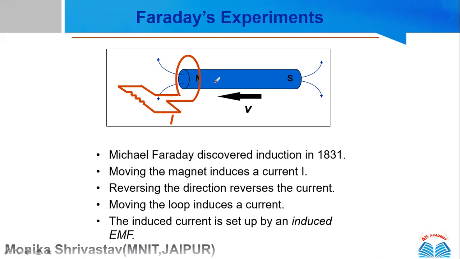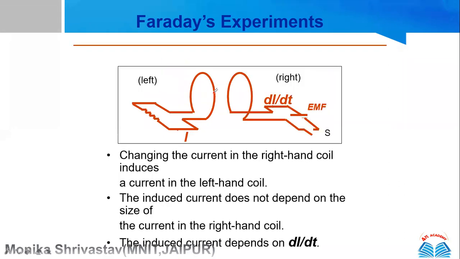South pole of the magnet, north pole of the magnet. These are some imaginary lines emerging from the poles of the magnet here and here. So suppose this coil is stationary and the magnet is moving with velocity v. Okay, so this moving magnet is inducing a current. So what will be the direction of current?